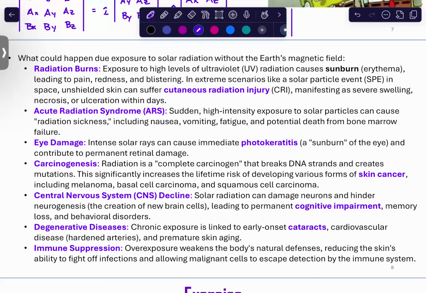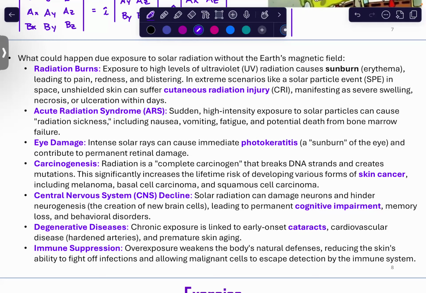But for all of you who are trying to equate physics knowledge to medicine, if we did not have our magnetic field, this is just a few of the issues we run into. The radiation coming in would cause a nervous system discharge, which would essentially cause you to short circuit.